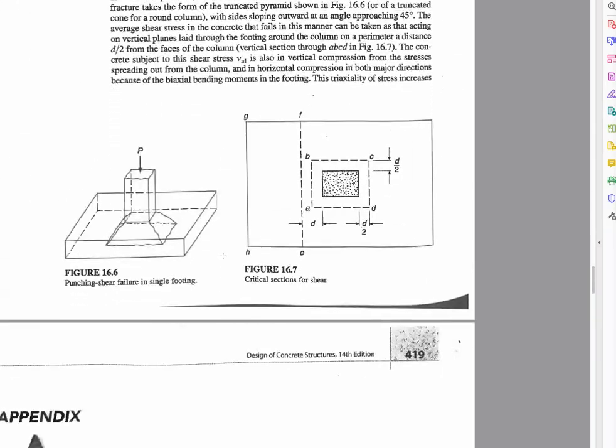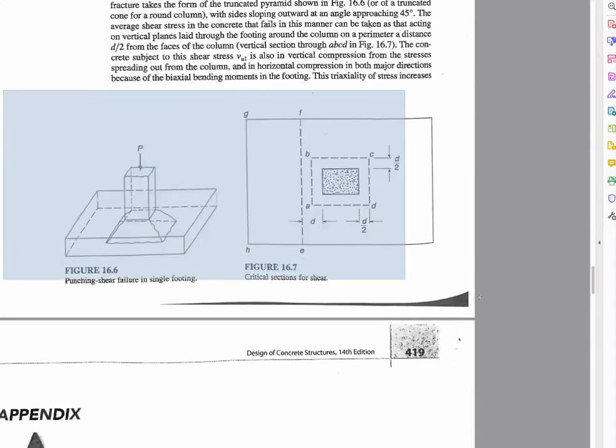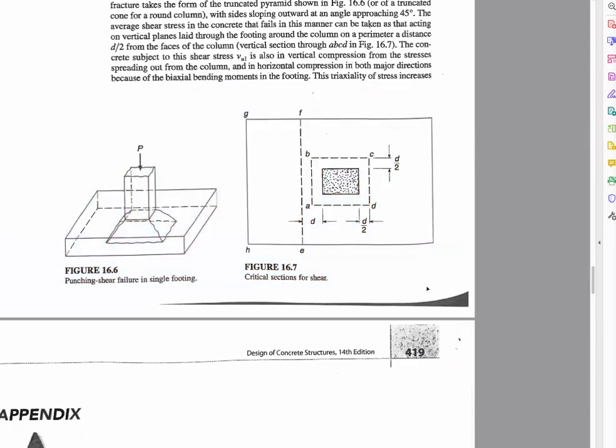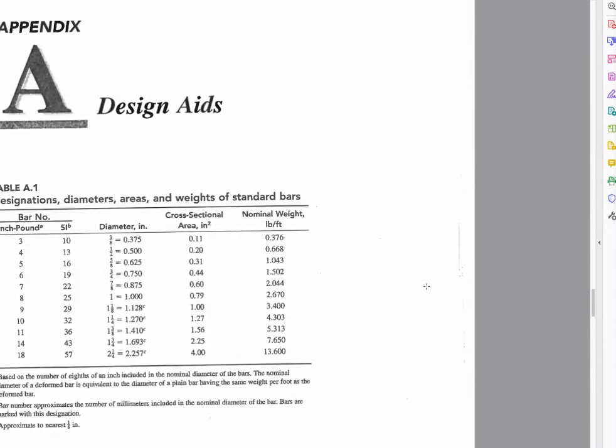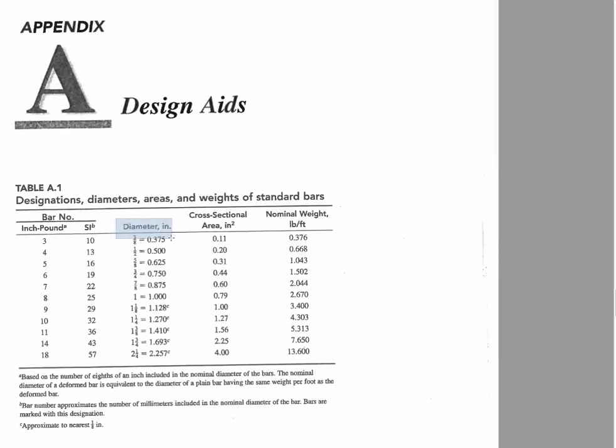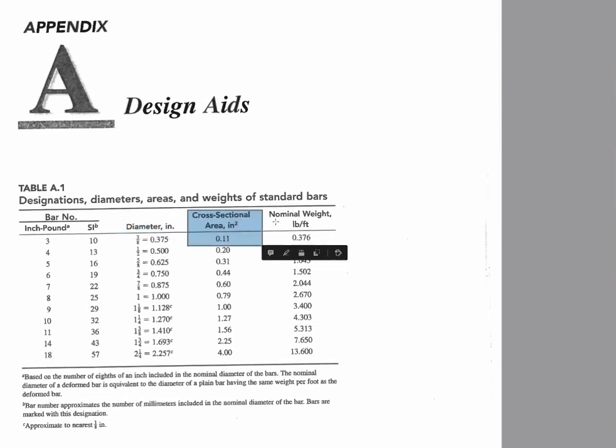So for this shear, we have seen this graphic already in that slide presentation. And the design aids are in this appendix. And there are, first off, diameters and cross-sectional area and nominal weights of different bars.